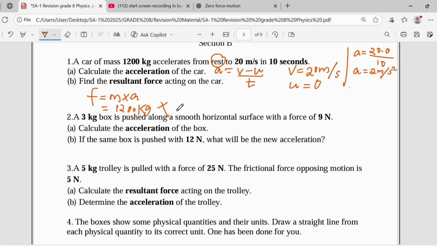The acceleration we found as 2 meters per second squared. If you multiply these two, you will get the force F equals 2400. The unit of force is Newton.